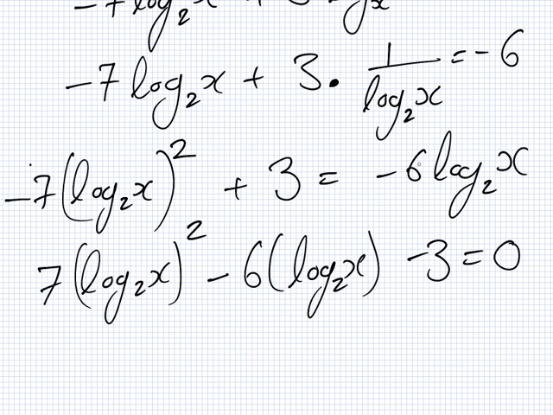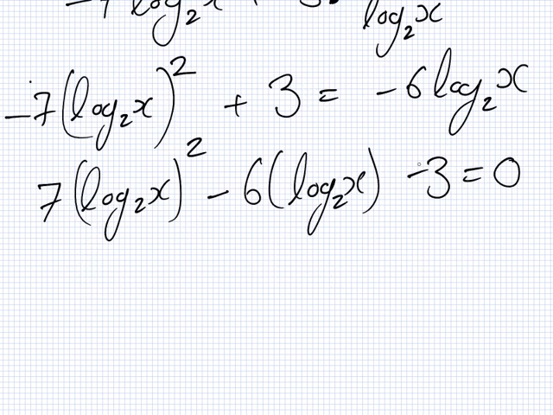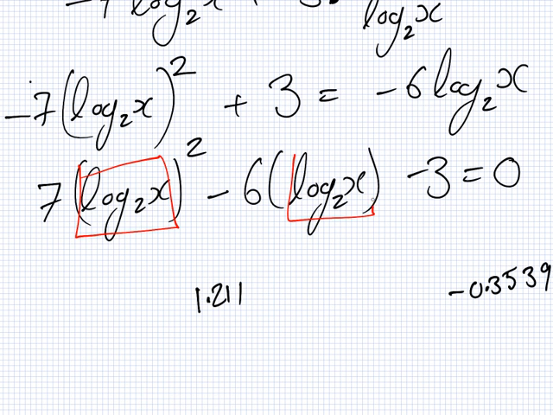Now, this does not have factors, so we just use the formula, and we get 2 answers. My first answer is 1.211, and my second answer is minus 0.3539. Now that's not for x, that's for the log 2x, because that's like the x in the quadratic.